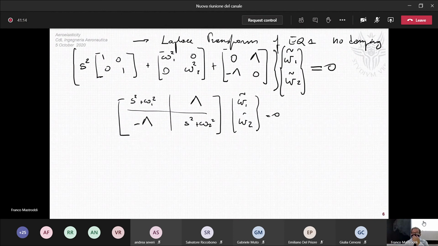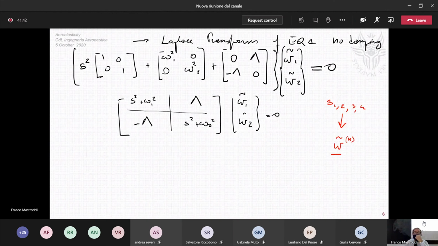Now we want to determine our roots S1, 2, probably 3 and 4. We should have 4 roots by taking this determinant. I will convince you about this. And for each pole, we will determine our W vector n, from n going from 1 to 4.